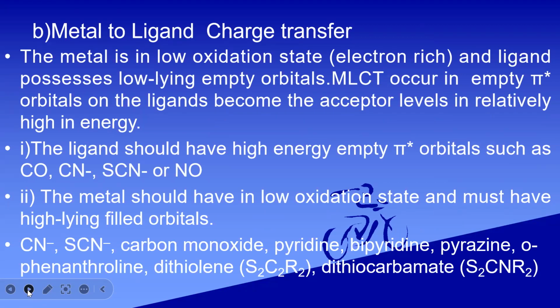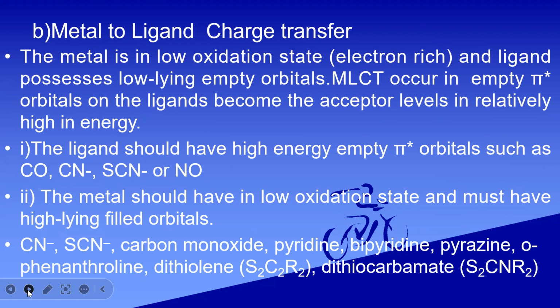The second case is metal to ligand charge transfer. The metal is in low oxidation state, that means rich in electrons, and the ligand possesses low-lying empty orbitals. Metal to ligand charge transfer occurs when empty pi star orbitals on the ligands become the acceptor levels, relatively high in energy. There are two conditions.